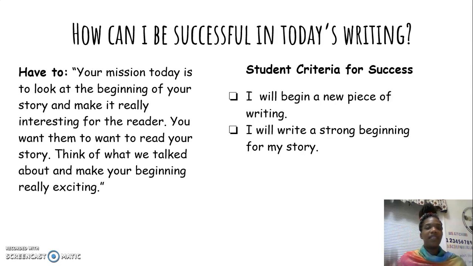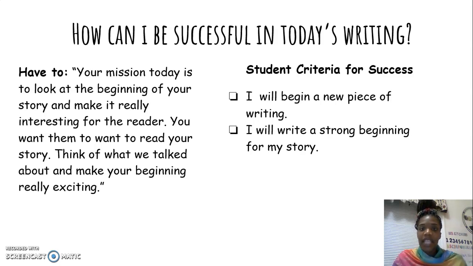Three sentences of something that's so strong and hooky that it is going to make your reader say, I am always going to read this author's book because it is like the best book in the whole entire world. I'm going to always read their books because they work super hard to make sure that they use all of the strategies that they've learned in kindergarten. And I just think it is the best thing in the whole world. Okay?